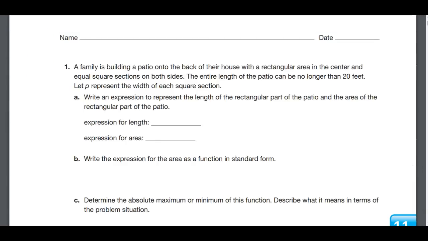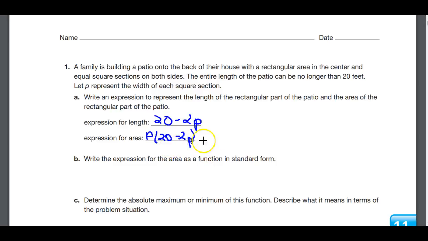So the rectangular part, the length is going to be 20 minus 2p, right? And the area is going to be p, remember we said it was p, times 20 minus 2p.